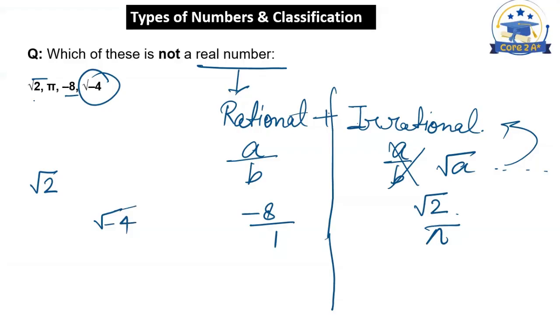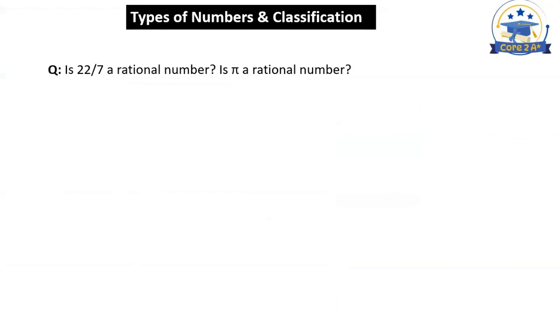If we have any negative number under a square root, this number is not a real number. So what number is it? It is an imaginary number, right? This is called an imaginary number. This is not a real number. Okay. So the answer is square root of -4. Moving to the next. Is 22/7 a rational number? Is pi a rational number?